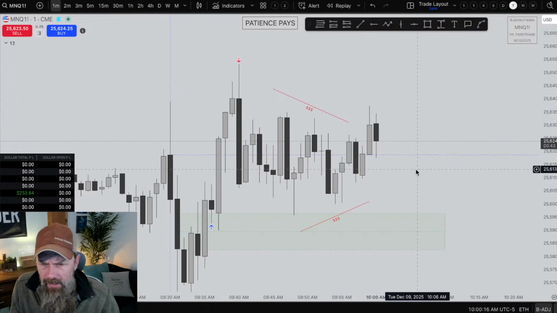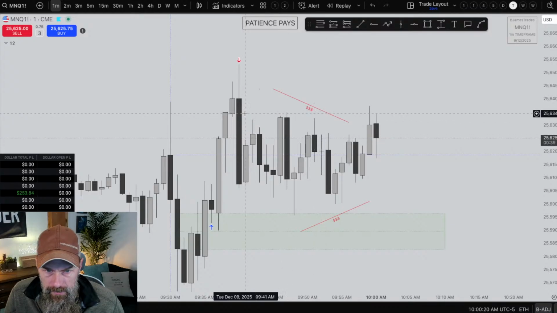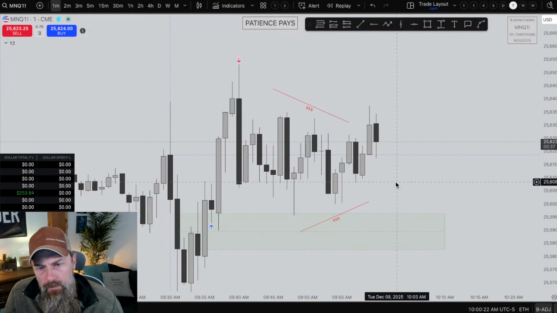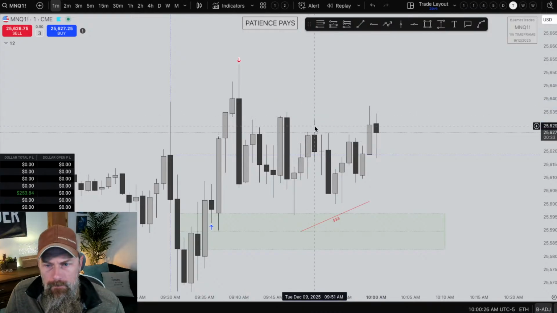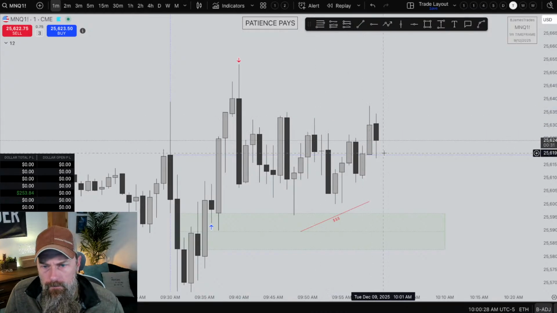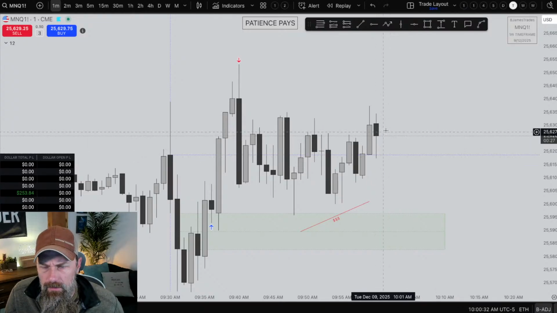All right, mitigated that pool of liquidity. This candle took these highs, took all of this. Not moving very fast, but sometimes it's a little delayed.